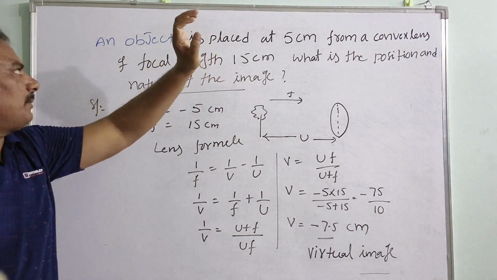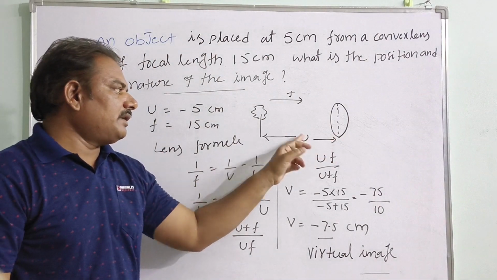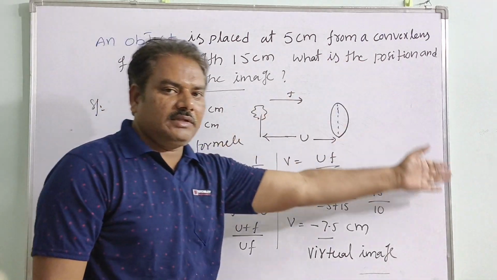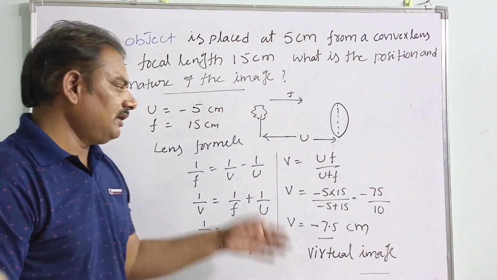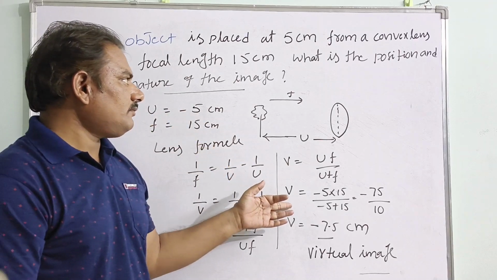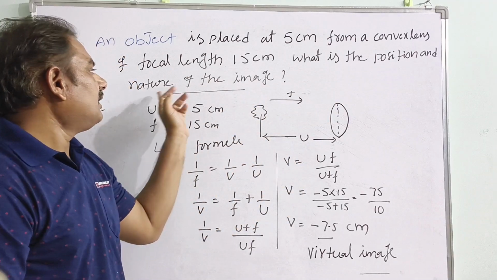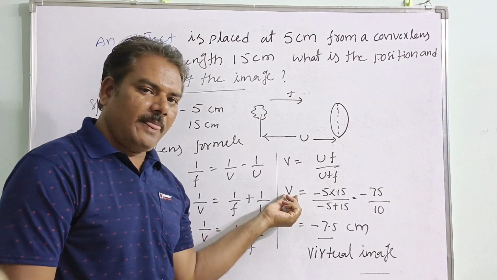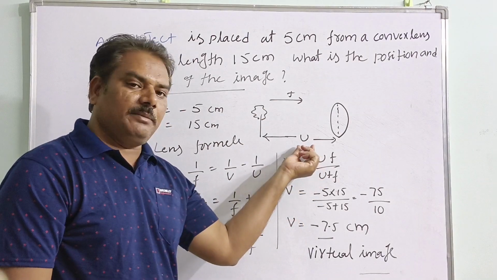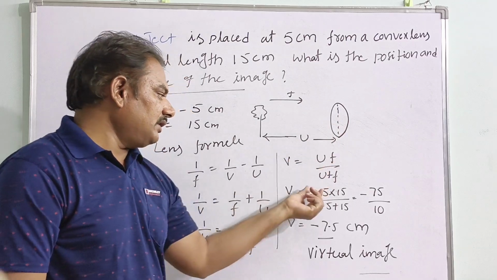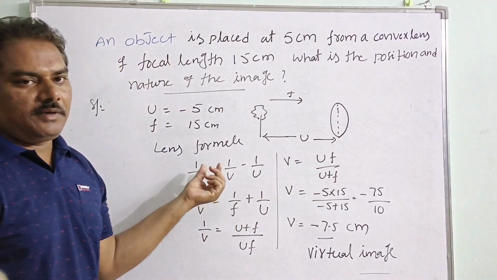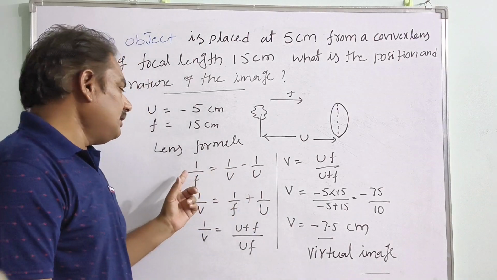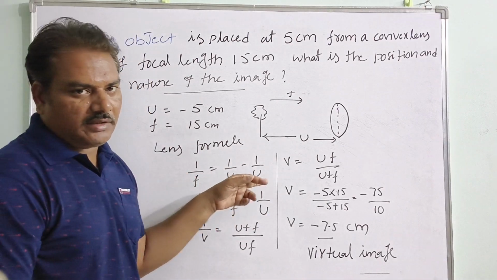So from this problem, the object is placed at a distance u and the focal length of the convex lens is 15 centimeters, and we find the position and nature of the image. Image distance is represented by v, object distance by u, and focal length by f. We know the lens formula, 1 by f equal to 1 by v minus 1 by u.